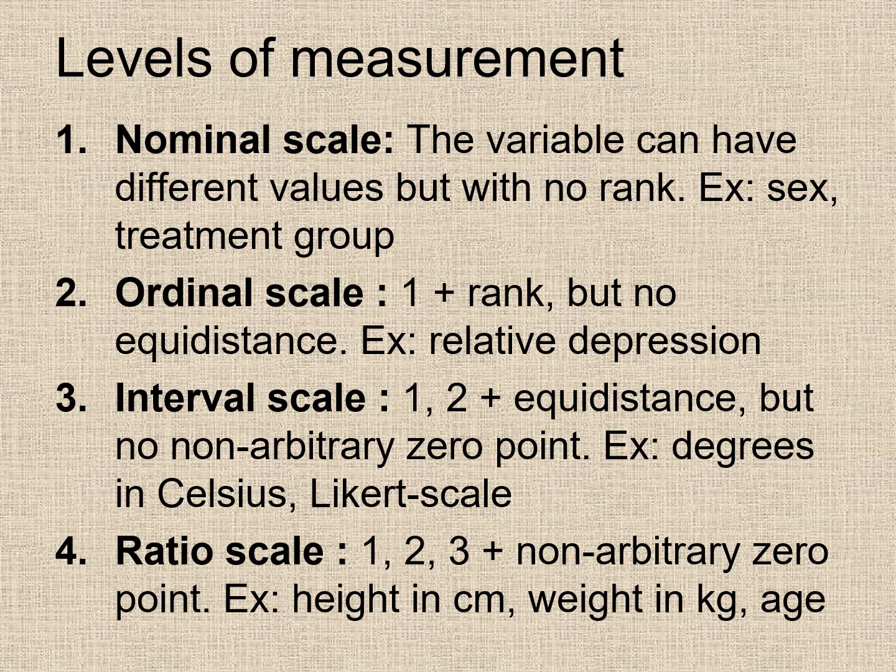Then you have a variable on a nominal level. And there are various things you cannot do with these kinds of variables. You cannot, for instance, calculate an average on variables like this. You can't say the average treatment group was 2.4 or something like that.